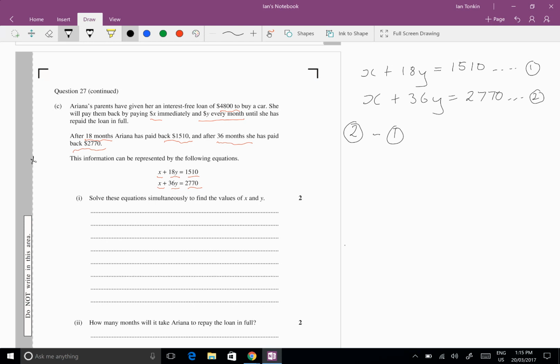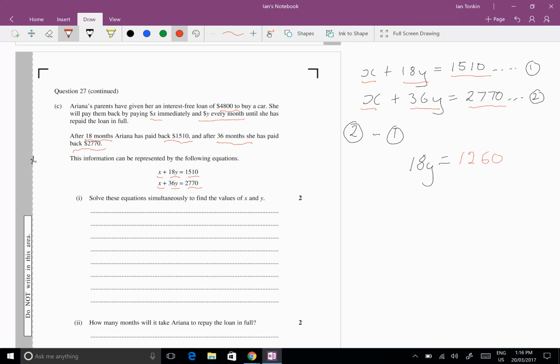So here I go. X minus x leaves nothing. It eliminates. 36y minus 18y leaves me with 18y. 2,770 minus 1,510 leaves me with 1,260.